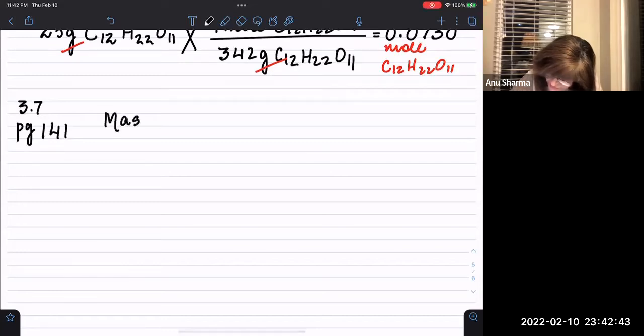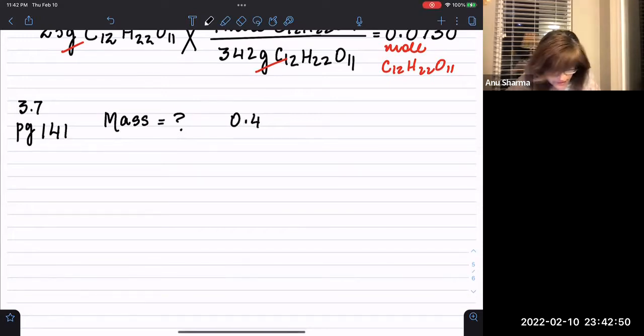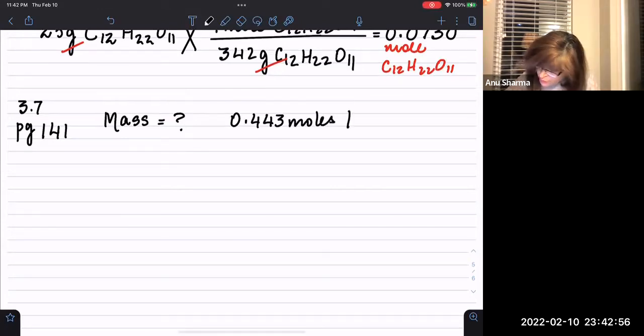Here they're asking you to find the mass in grams of 0.443 moles of N2H4.